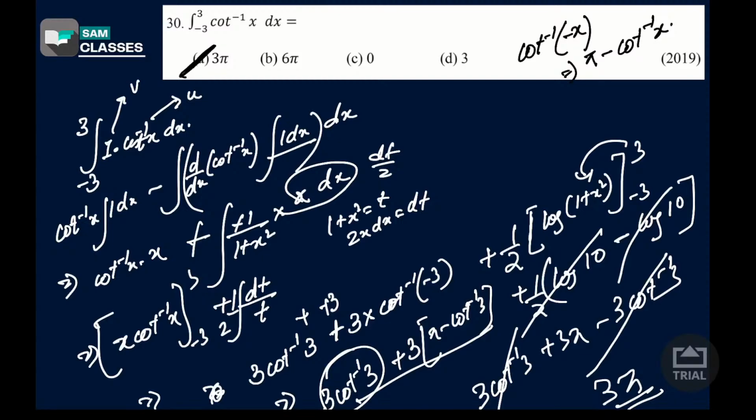A very simple, easy question only. Now we'll do one last question of integral and then we'll go for the chapter AOI. Okay. Chalo.